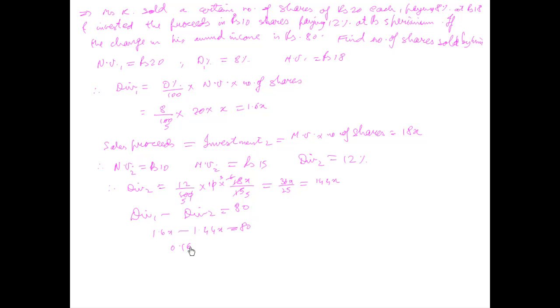That's 0.16x is equal to 80, or x is equal to 80 times 100 upon 16, cancels 4 times, cancels 25 times, cancels with this 20 times. So that's 5,500 as the value of x. So the number of shares sold by Mr. K would come out to be 500. With this we end this section. Thank you.